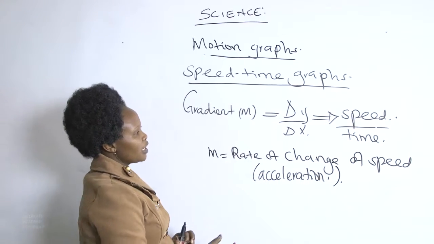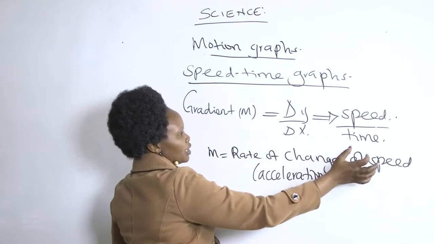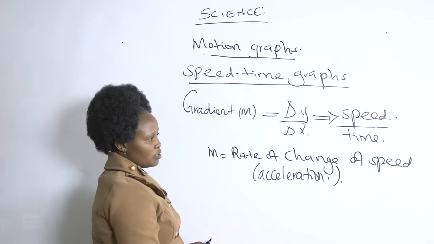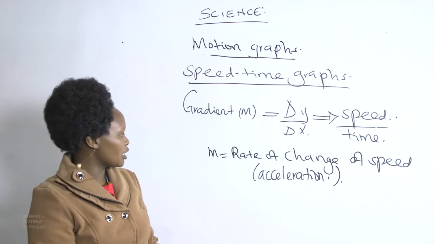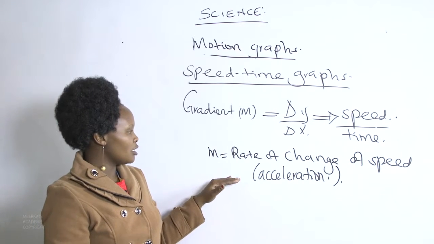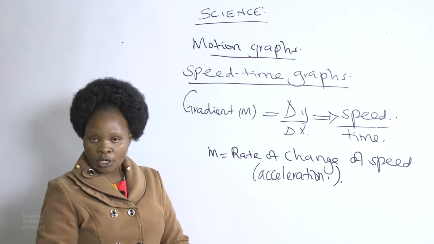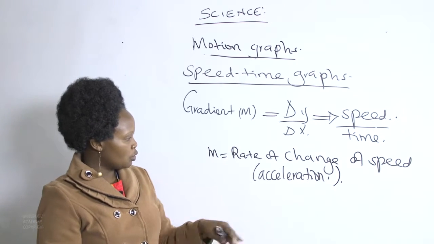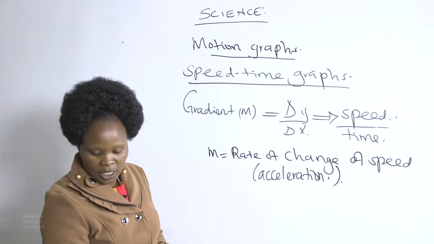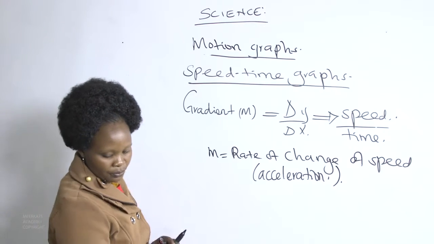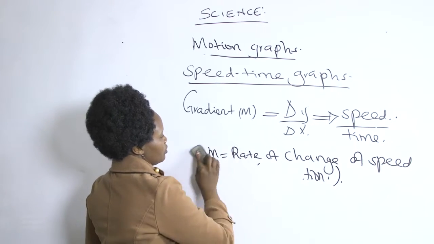Therefore, we are looking at the change in speed, and that one we are dividing by the time taken, and that one gives us the rate of change of speed, or what we call acceleration.